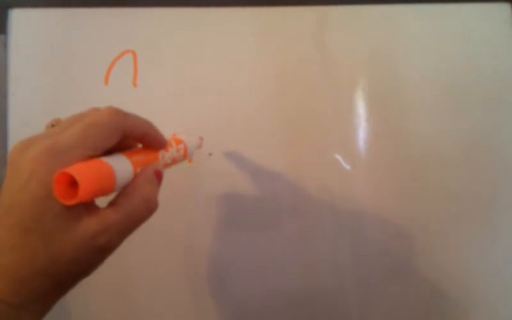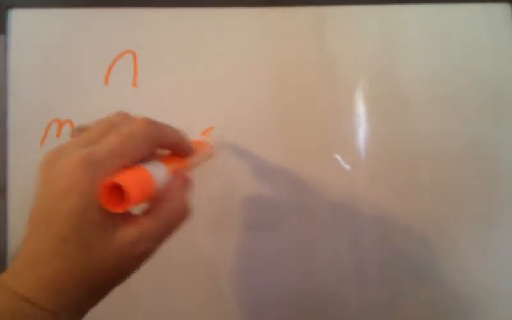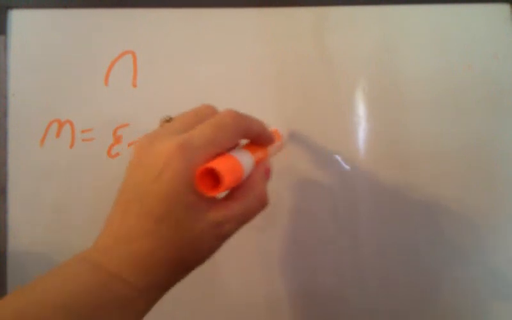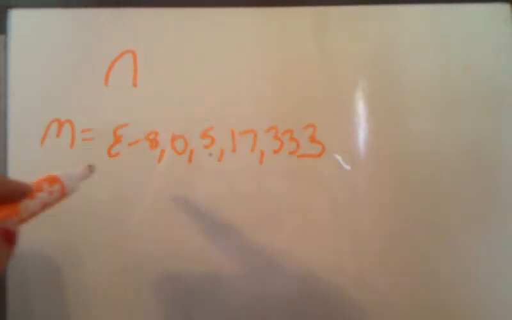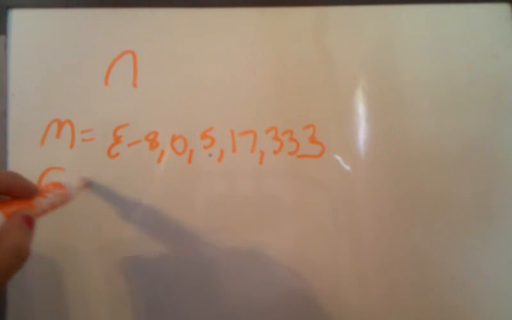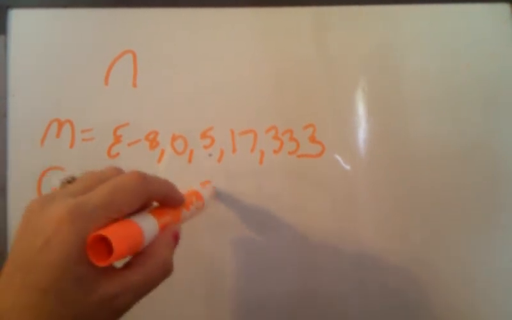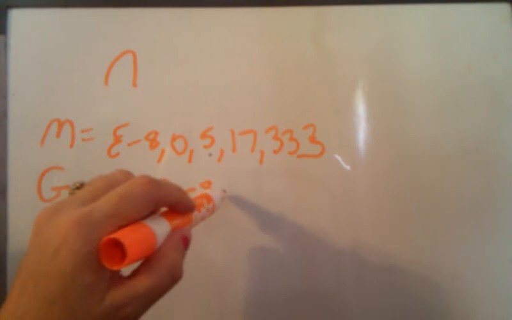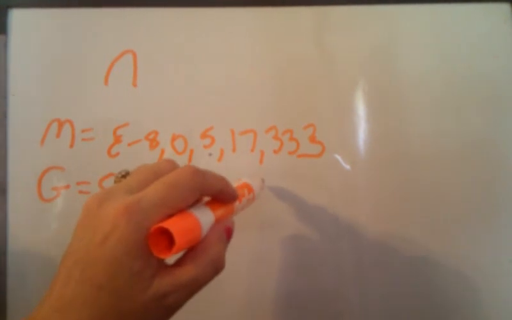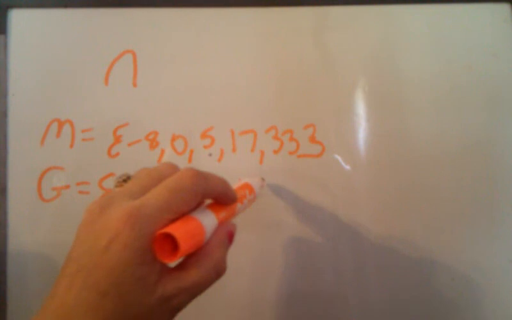Man, they use large sets, don't they? If they say M equals -8, 0, 5, 17, and 33, and they say G equals -20, -8, 1, and 17.